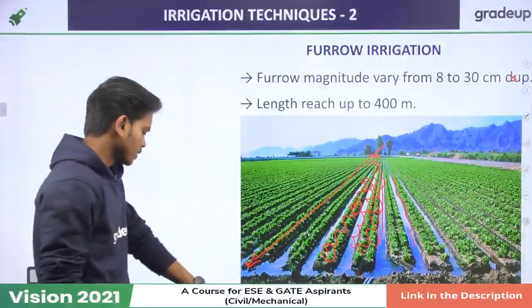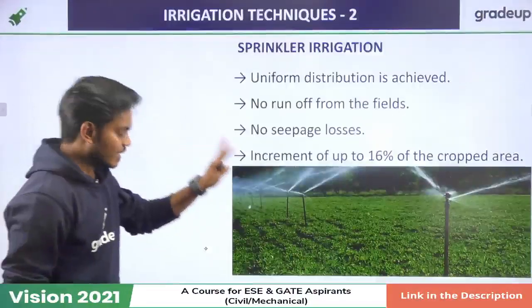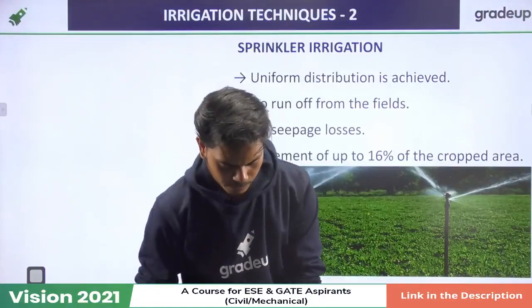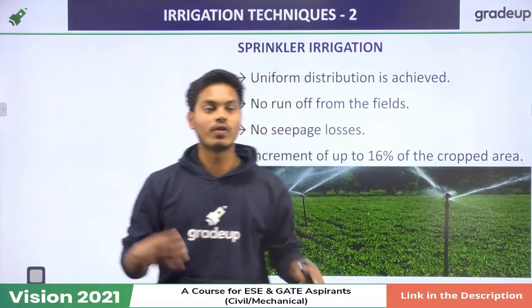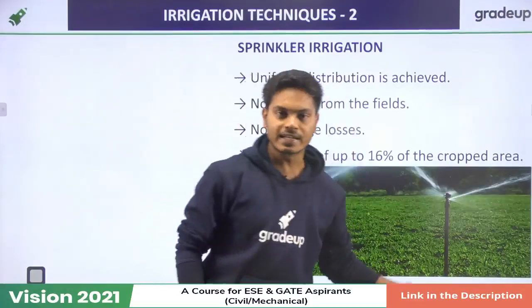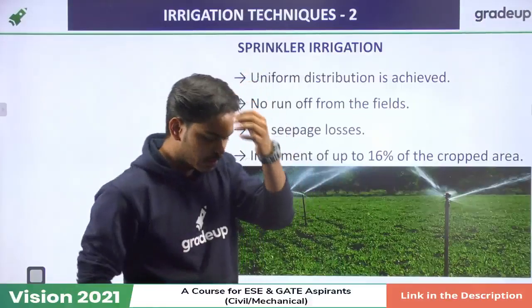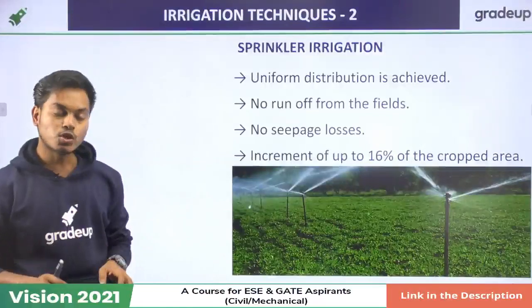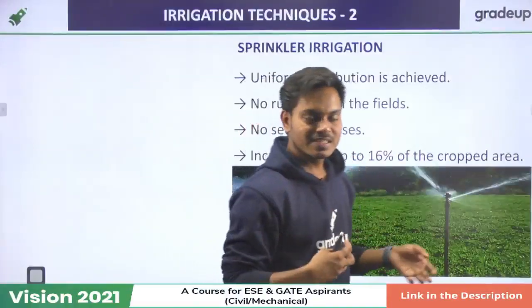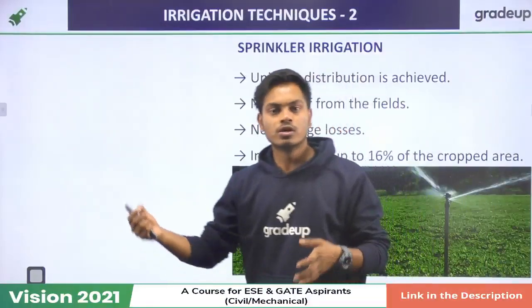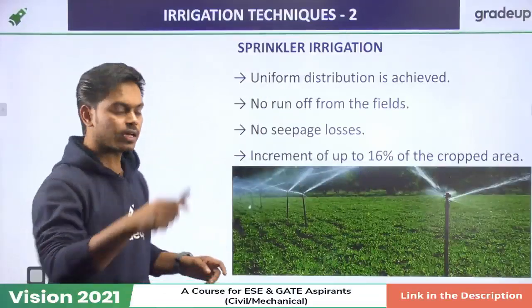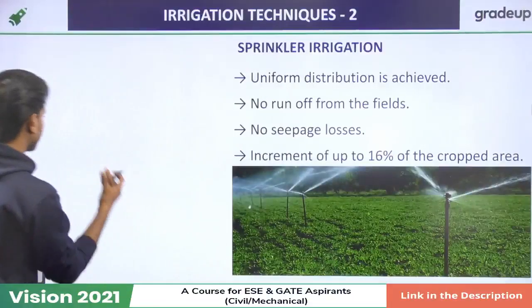All right, next is some more things that you have to remember about when we can use sprinkler irrigation. Suppose the land topography is irregular. Since the land topography is irregular, there will be unused water also.